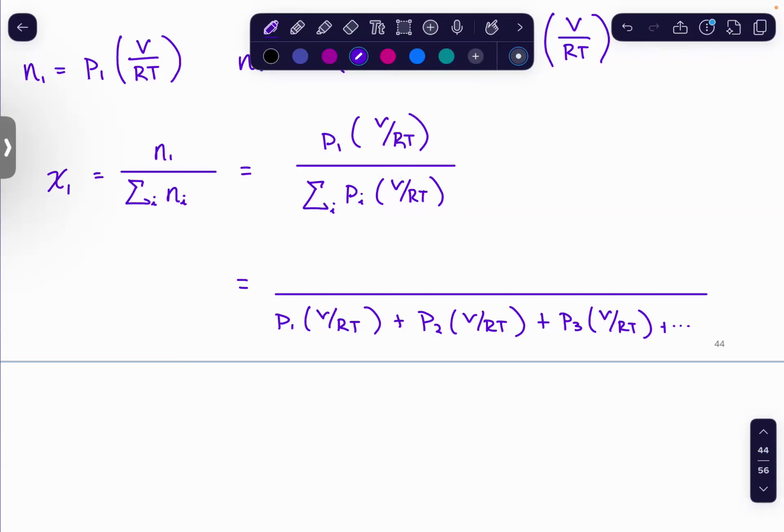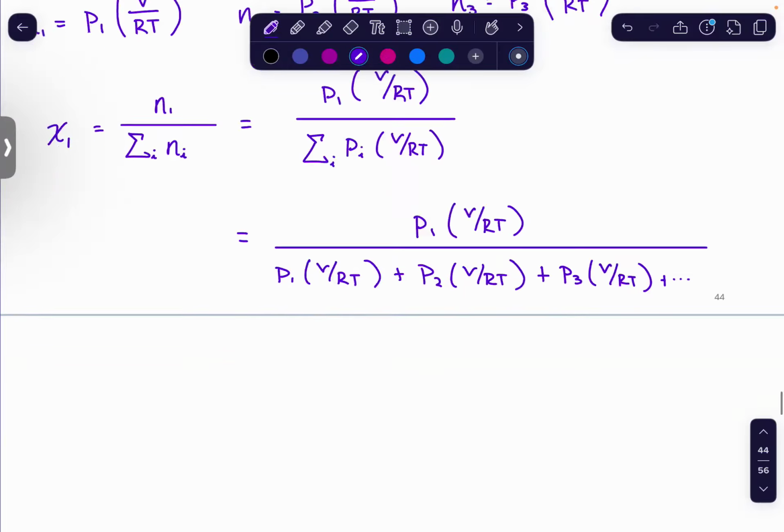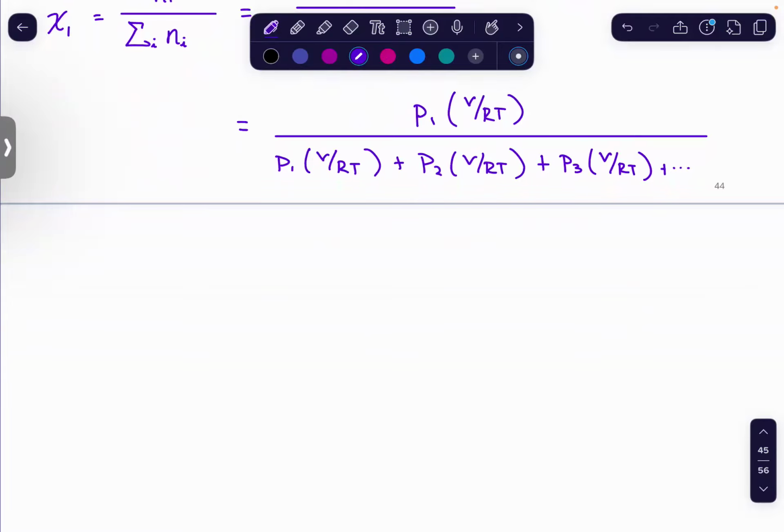Then on the top, you're going to have partial pressure 1 V over RT. Okay, I see that every pressure is multiplied by the same constant in the denominator. So that's going to be P1 plus P2 plus P3 plus so on and so forth out to however many gases are in this system. So I'm factoring out the V over RT.